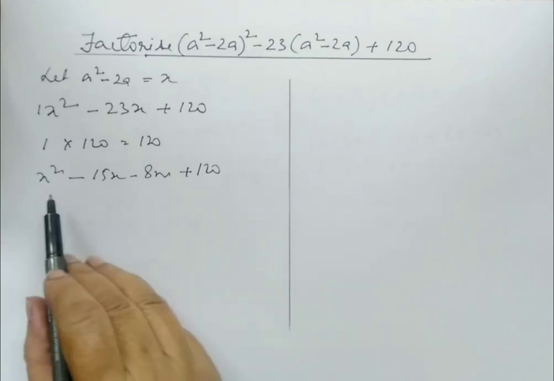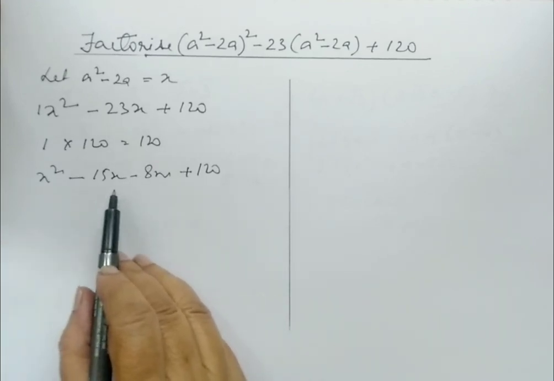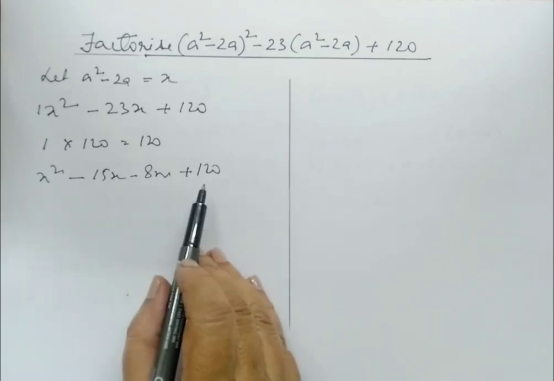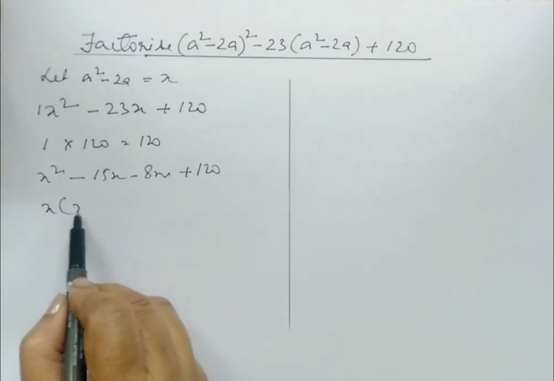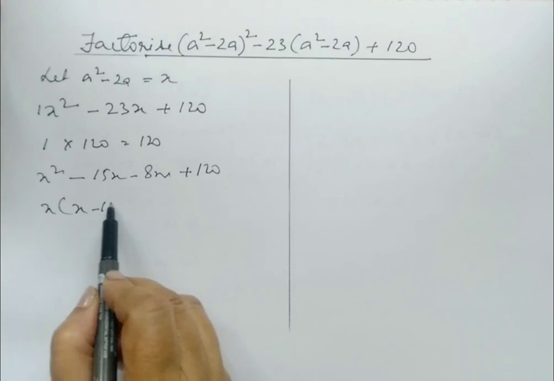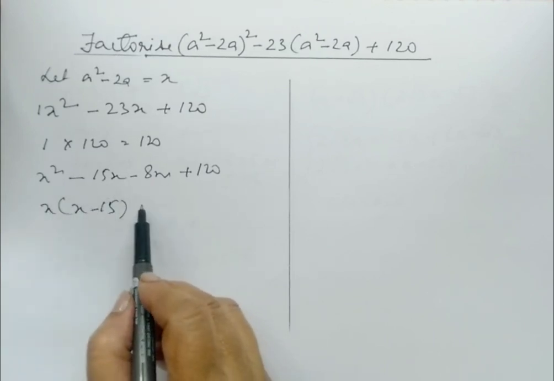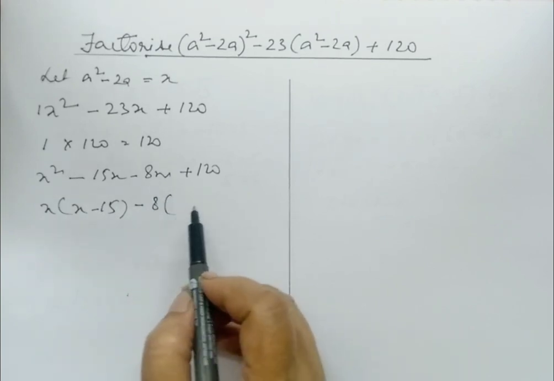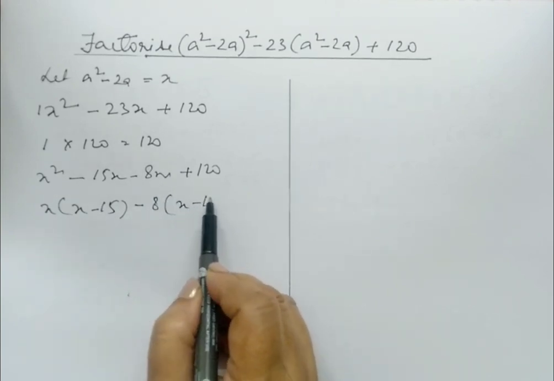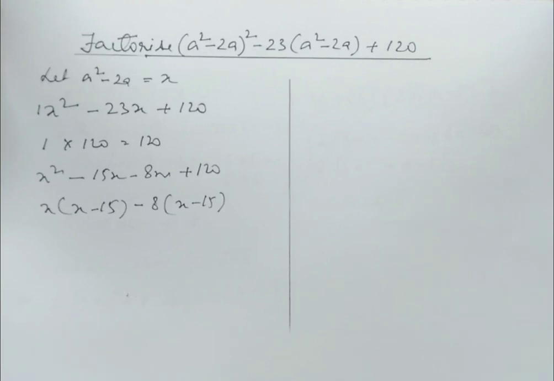In this we need to make factors in a manner that we can take x as common out of here, and here what we can take as common is 8, obviously x minus 15.